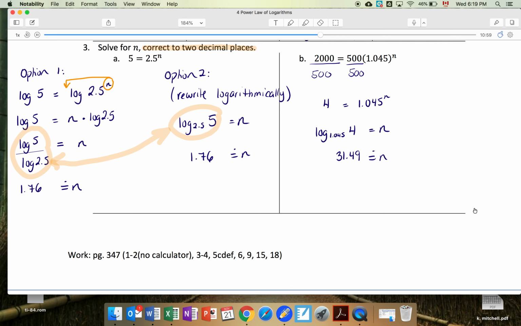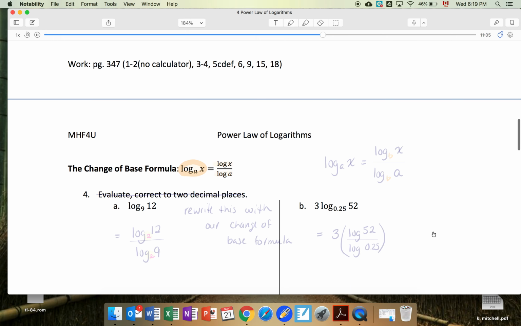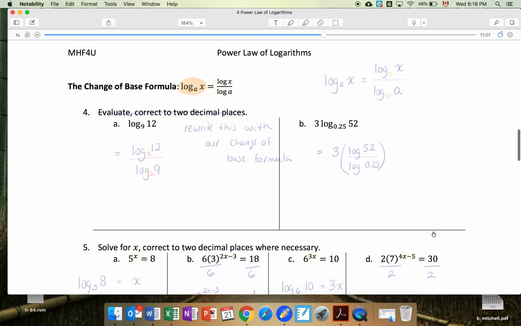Okay, so like I said, we're going to get into now the change of base formula or law, which says that if I have log base a of x, I can rewrite this as log x divided by log a. And I'm going to be explicit in this: you can rewrite log base a of x in terms of any base that you really want to. I'm going to rewrite it in terms of base 10 usually, because that's the button that's on the front of our calculator and the easiest one to access.